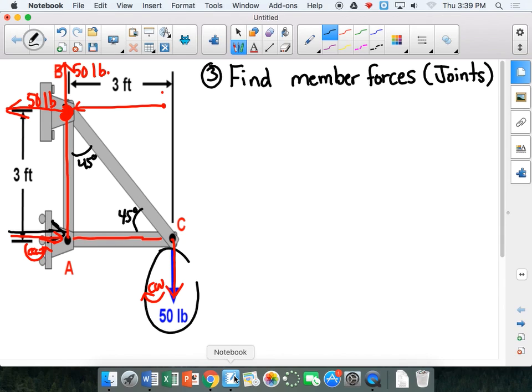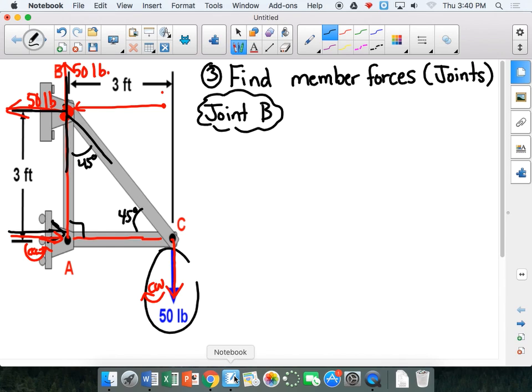Okay, so I'm going to start with joint B. I kind of skipped A because joint A has a 90-degree angle, so I'm going to skip joint A and then just move right to joint B. So if we take a look at joint B, I want to draw everything that's associated with joint B. So I've got those two members, and then I've got an outside reactionary force and another outside reactionary force.